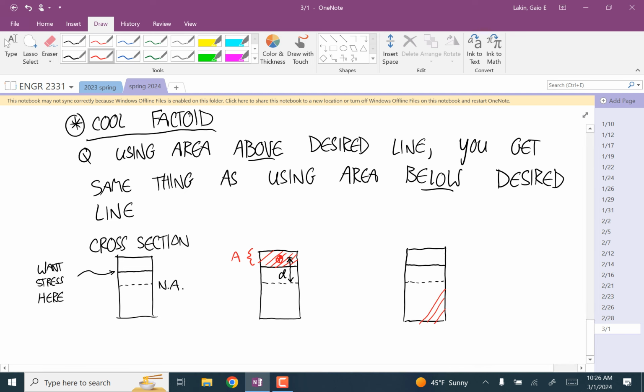Make this your A. The centroid is going to be somewhere below your neutral axis this time. And this is your D. And how could those two be the same? Well, you can see on the right, D is smaller, but area is bigger, you know? And those offset each other and you'll get the same answer.